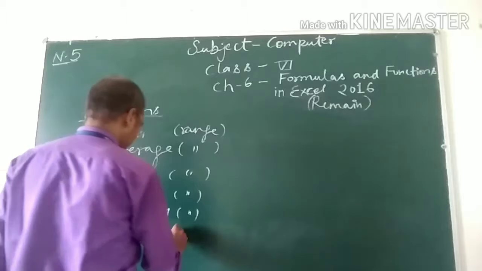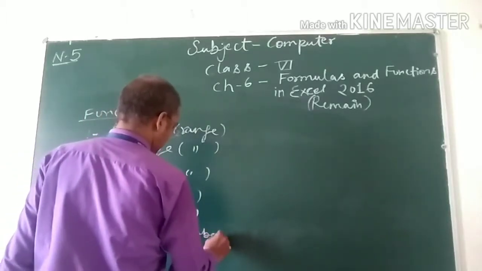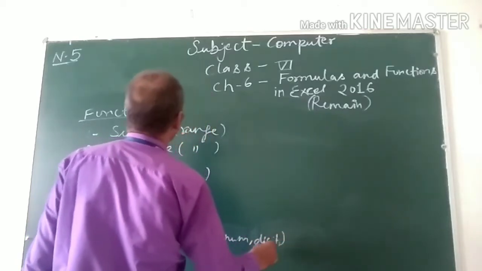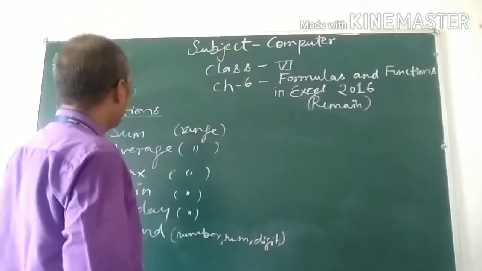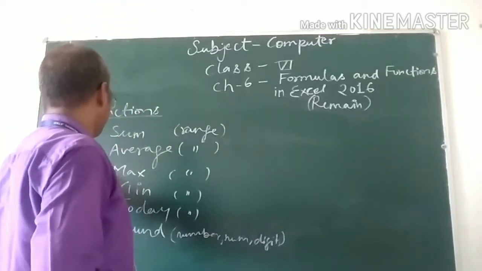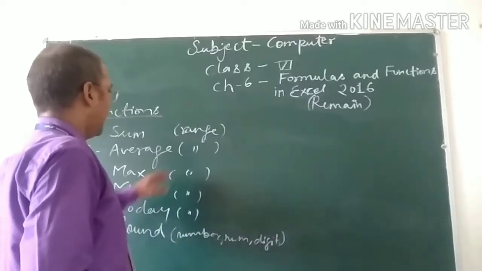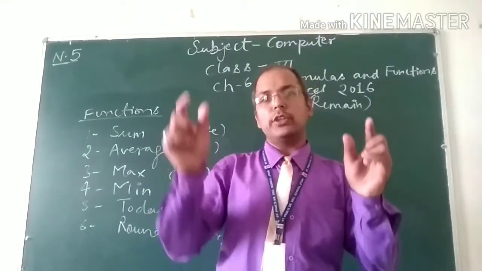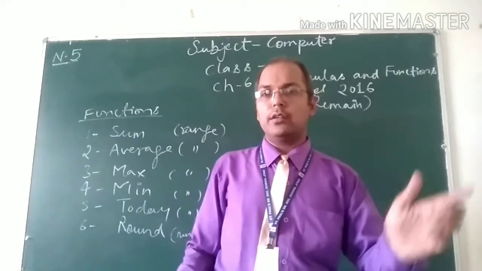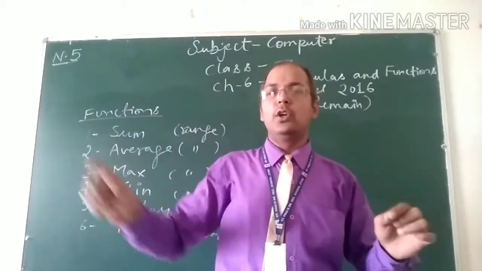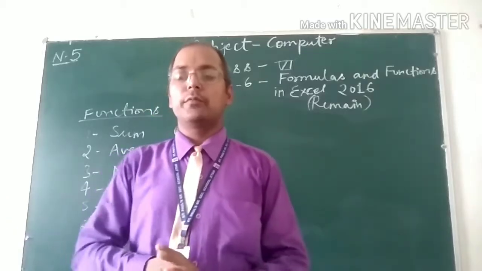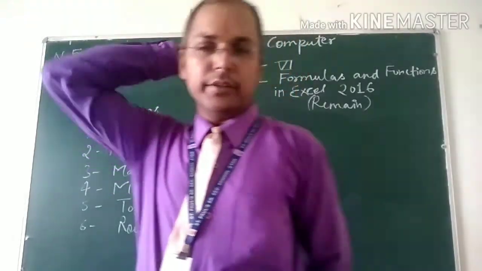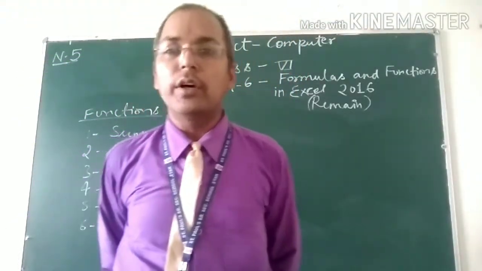When you write the functions in a cell, at that time you have to choose the area of cells, the range of cells. If you want to sum C1 to C4, this is the range of cells. My first one is sum range, the description is calculate the sum.